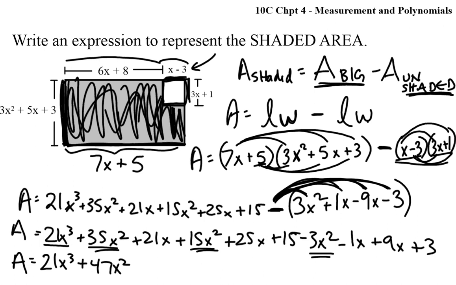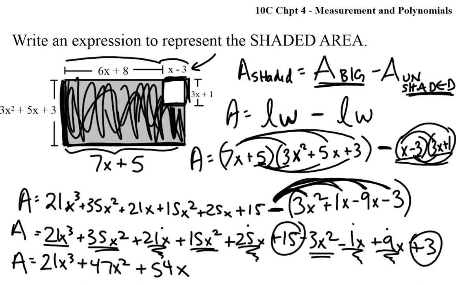We then have 21x, 25x, negative 1x, positive 9x. Well, here I got 21 and 9 is 30. 30 and 25 is 55. Minus 1 is 54x. And we're left with 15 and 3, which is plus 18.